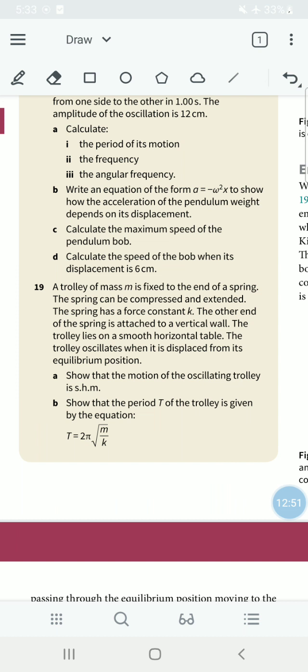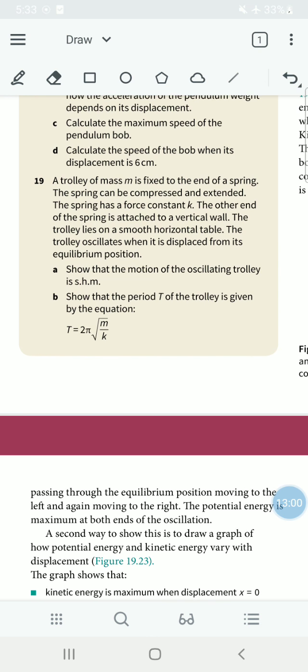Then part C, calculate the maximum speed of the pendulum bob. Once again we are referring to the earlier equations that you have studied. Omega xo.